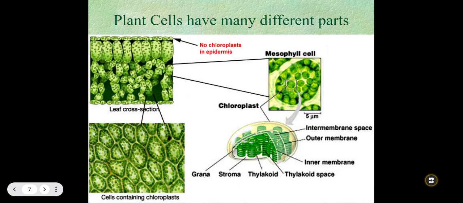All right, plant cells have many different parts, okay? And so if we are looking at this leaf cross-section, this part up here is the top, which is called the epidermis, the upper layer of a leaf. So if we were looking at a leaf, this would be the green part that you would be seeing on the top, but it has no chloroplasts in the epidermis.